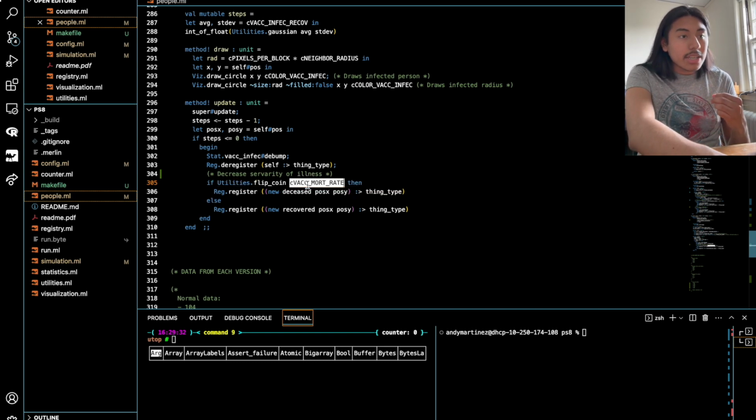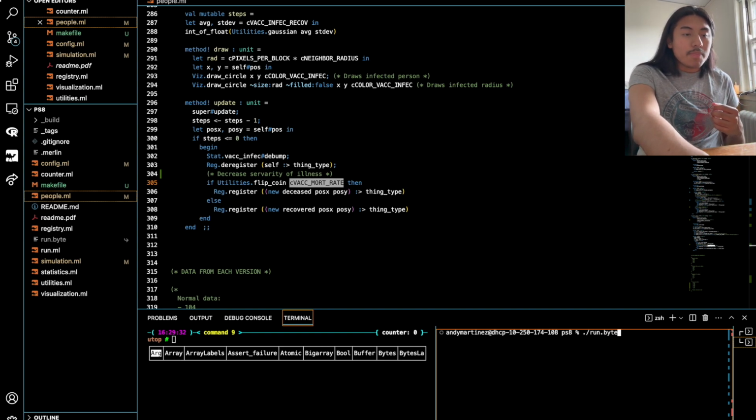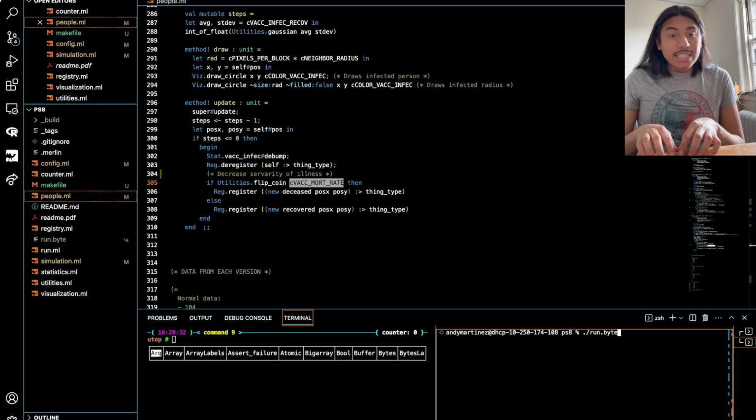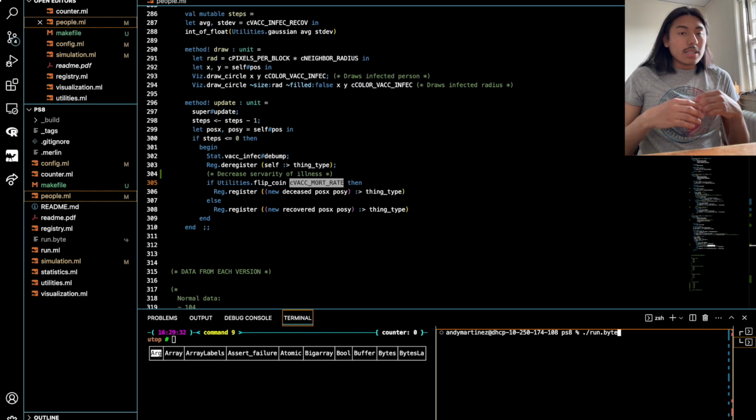This line in particular, a new constant that I've added, makes it so that it's half of what the normal mortality rate is. So you'll see that people that have been vaccinated and later contract the disease have a lower mortality rate.